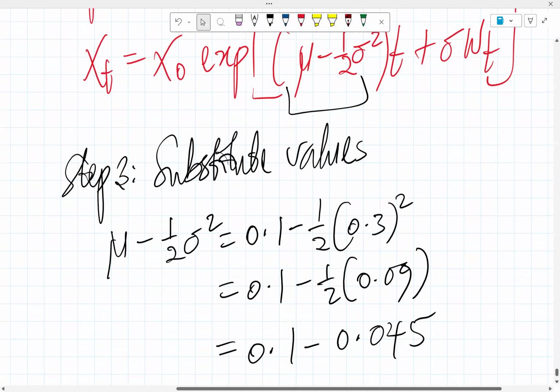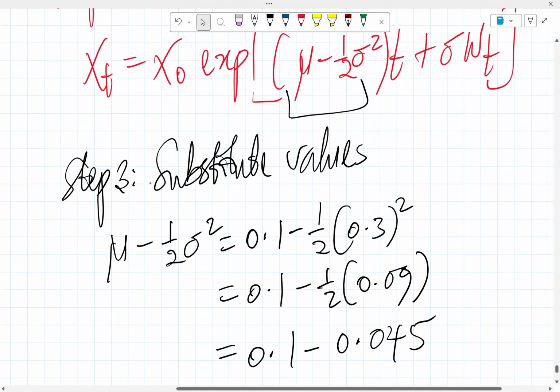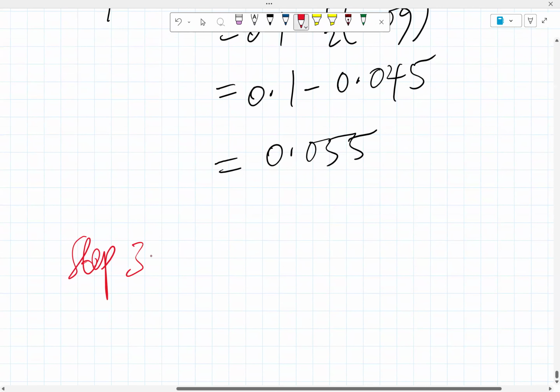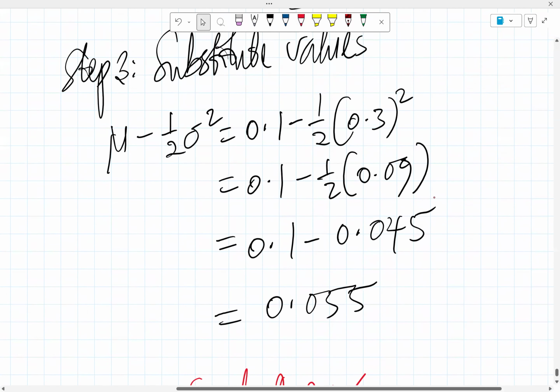The other ones are straightforward. So step 5 now. Is that step 5 or step 3? Step 3, we have the final answer. That means that x sub t is equal to x naught, then exponent 0.055 t, as you see here.